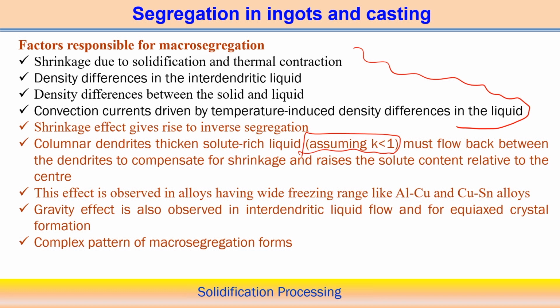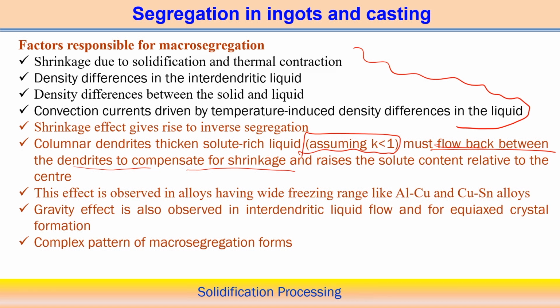For K less than 1, there must be backflow between the dendrites to compensate for the shrinkage, and at the same time it raises the solute concentration relative to the center. So with respect to the center, when there is a solute rich liquid flow near the dendrites, the concentration of the liquid rises as compared to the center.